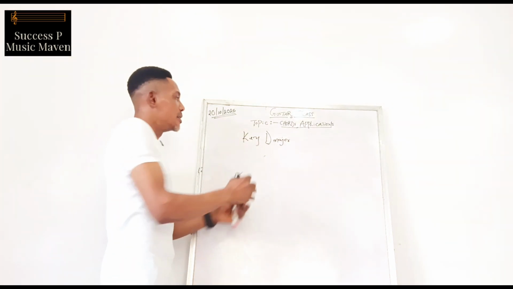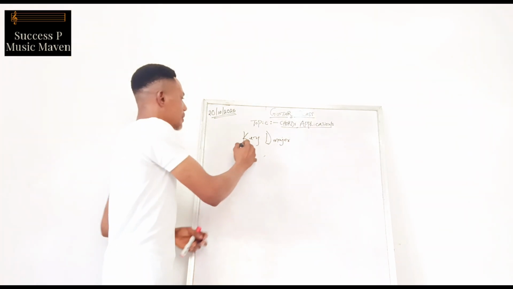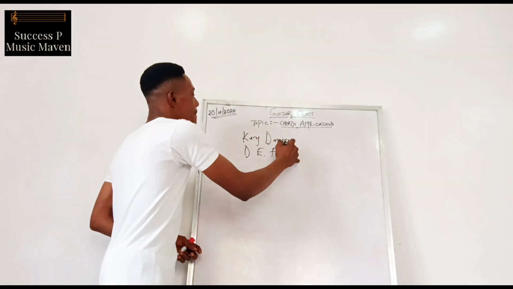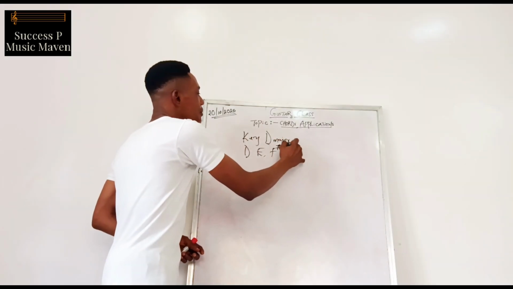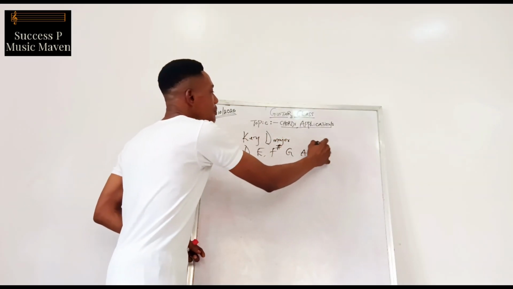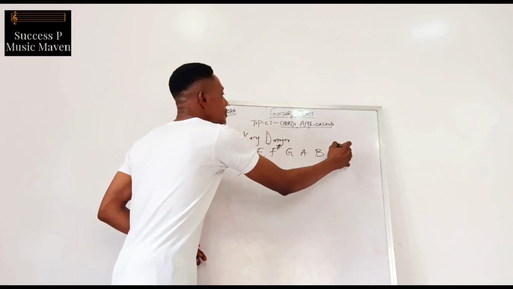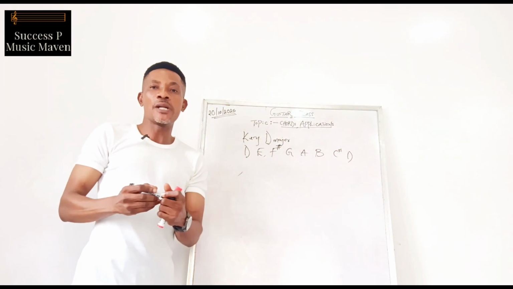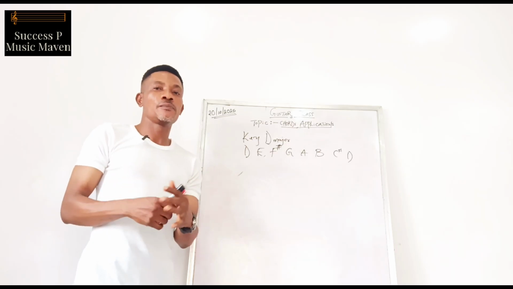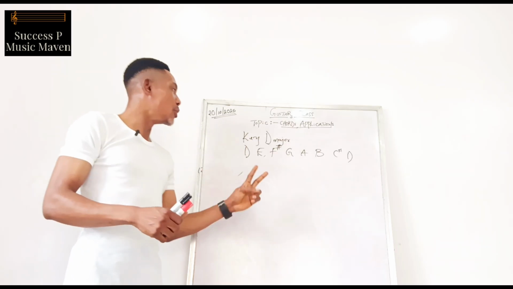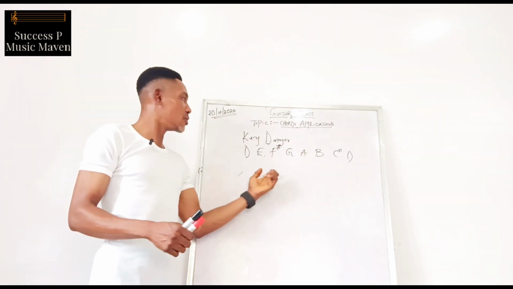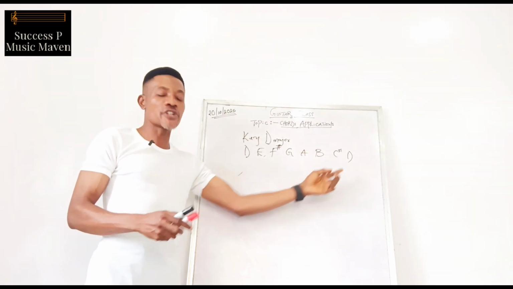Now, this is key D, and let's look into the D major scale. Remember, when you're playing in key D, you have two sharp notes in the key of D major, which are F sharp and C sharp.